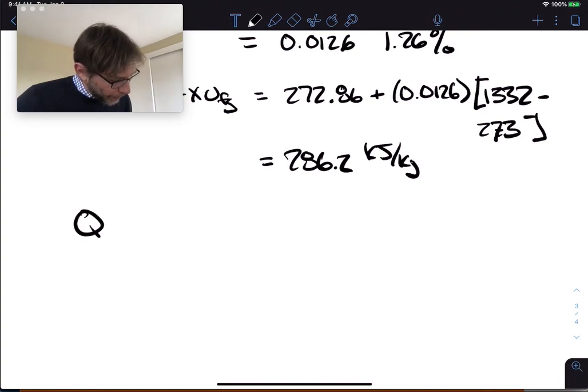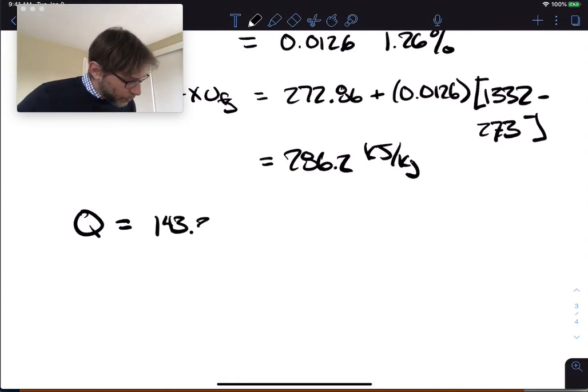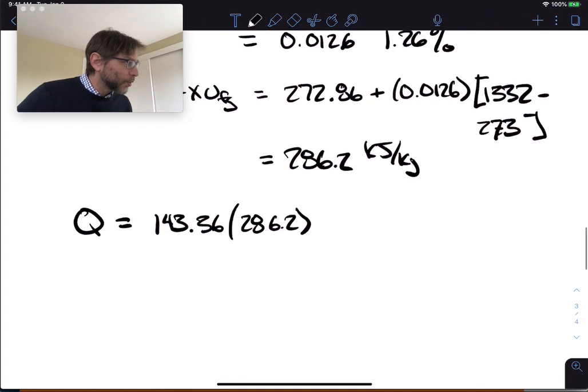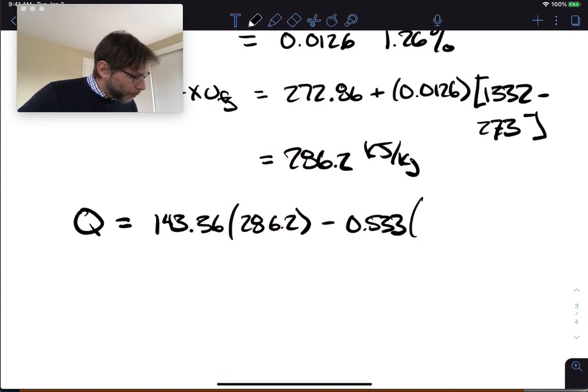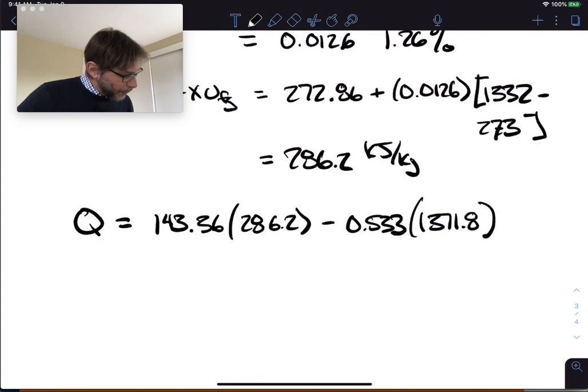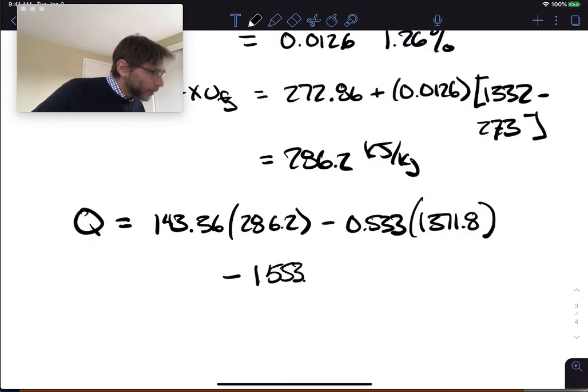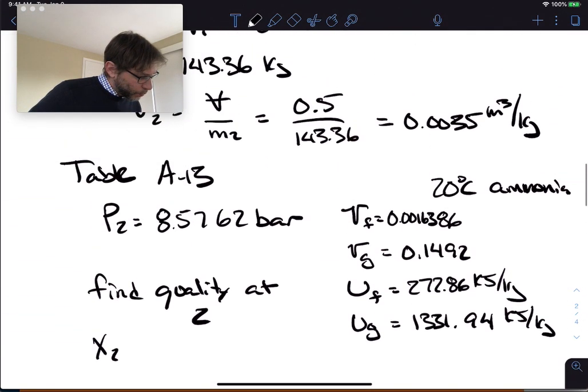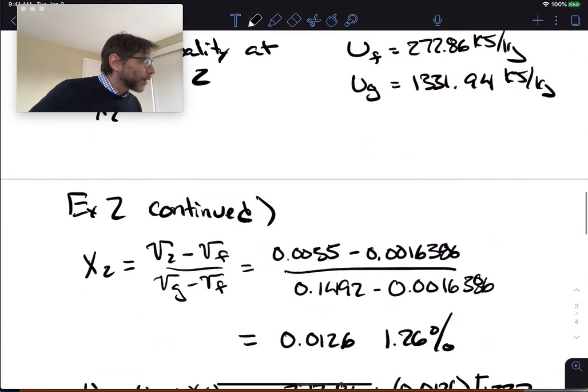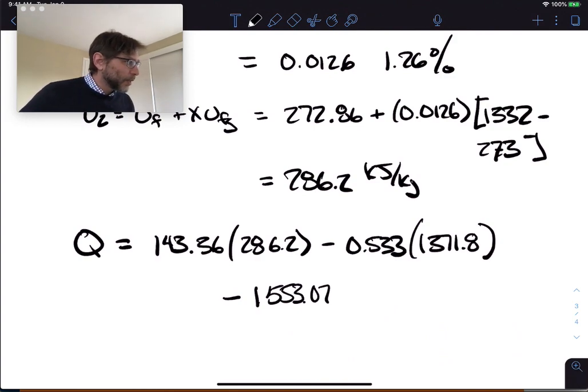So Q is equal in this case to 143.36, which is the mass, times 286.2, which is what we just found for U2, minus the initial, which is 0.533 times 1371.8, minus the enthalpy, 1553.07, times the change in mass.